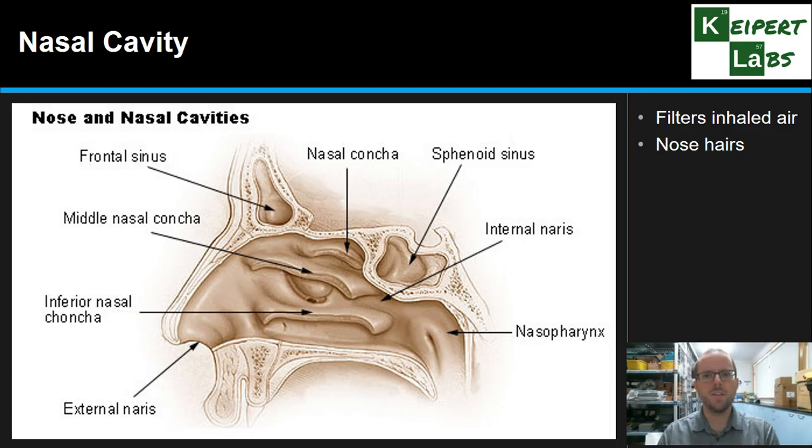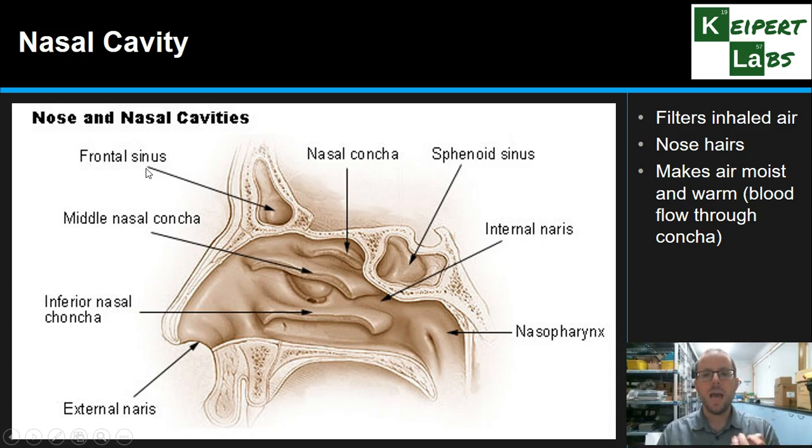So nose hairs provide this filtering, but the nasal cavity is also designed to make the air moist and warm. You want the air to have a high amount of moisture and also to be at the same temperature as the rest of your body, and it does that through the blood that flows through these bony parts here called the concha.